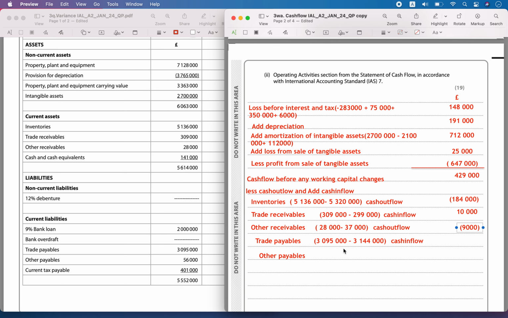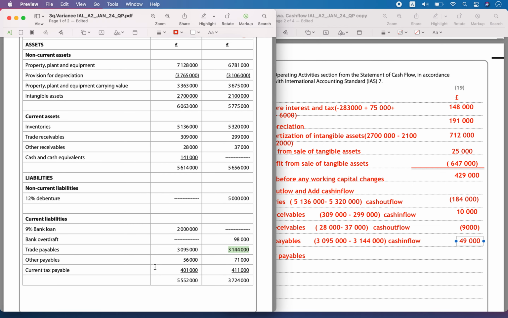Now trade payables has increased, which means liabilities have increased. So it is a cash inflow, and the difference is going to be added. That is going to be 49,000.